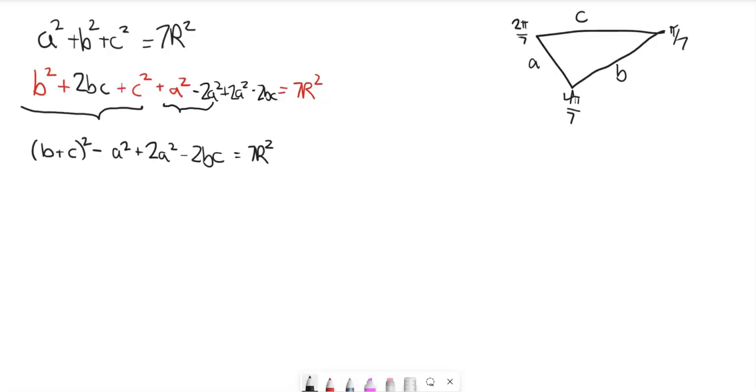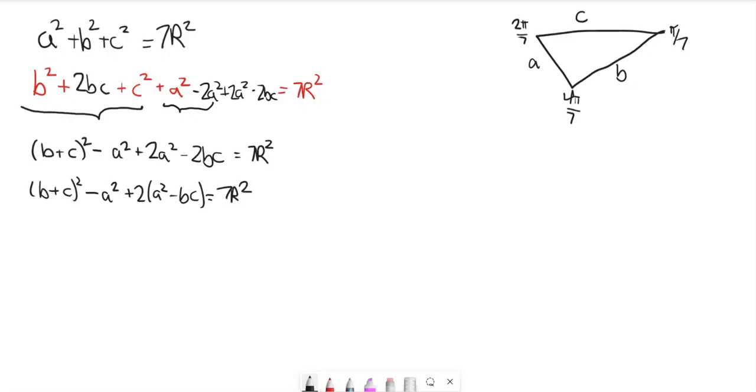Now, where do I go from here? I'll rewrite the first part of the equation down, and then I'm going to factor out a positive 2. So I'll get a squared minus bc equaling 7r squared.